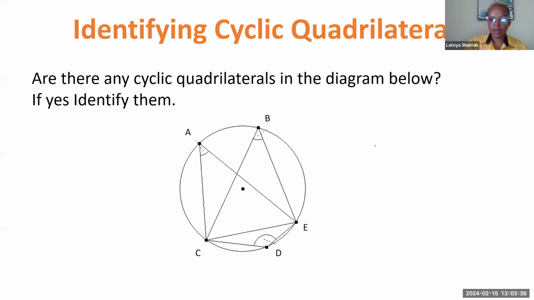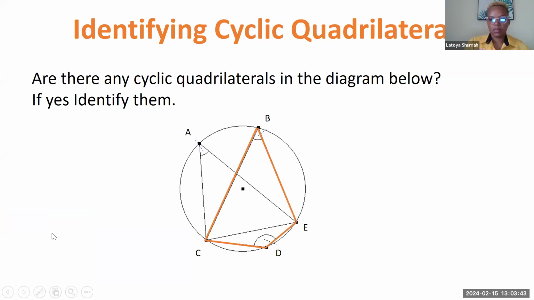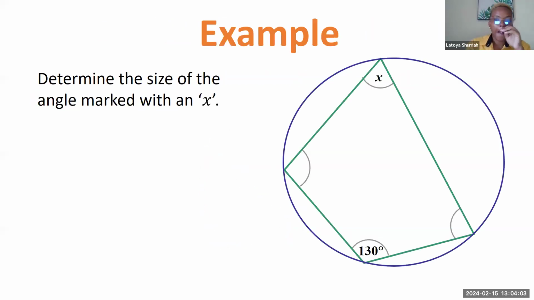So if you had BCDE as one or ACDE as another, or any arrangement of those 4 letters, it doesn't have to go in the same order, then you are correct too. All right. So quick and fast, just try it out quickly.